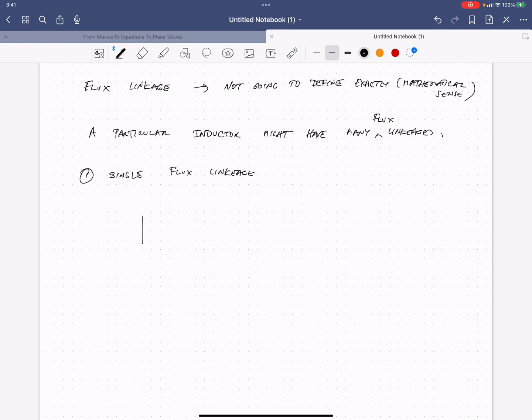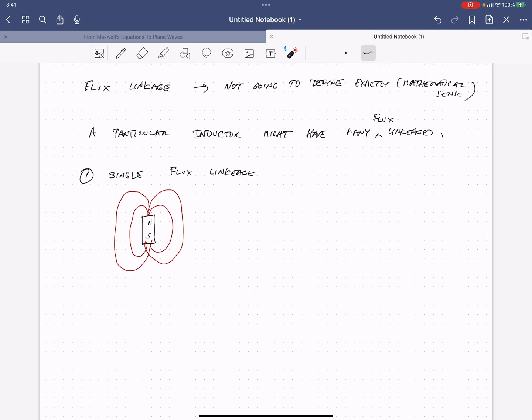And let's say you had a magnet with a north and a south. You can think of these as having lines of magnetic flux. Each one of these lines is a linkage. So if you have a particular inductor, you could have a bunch of these fluxes.